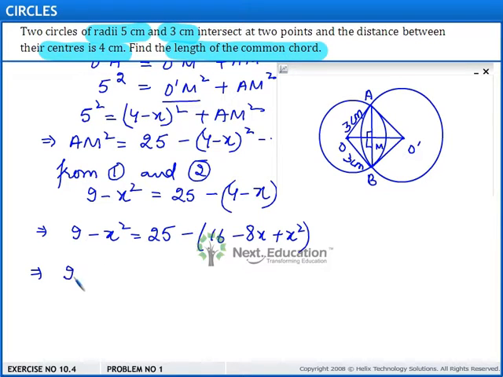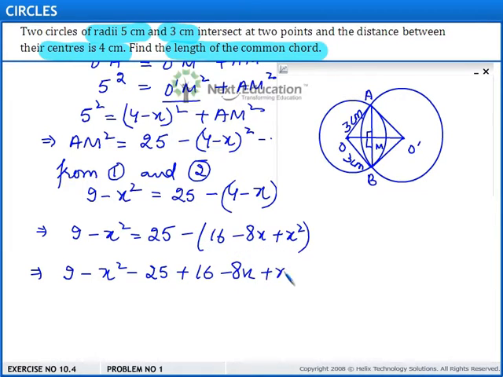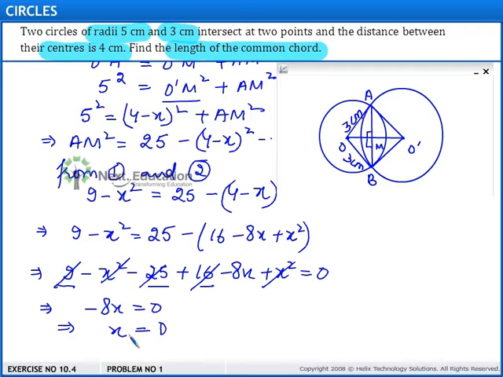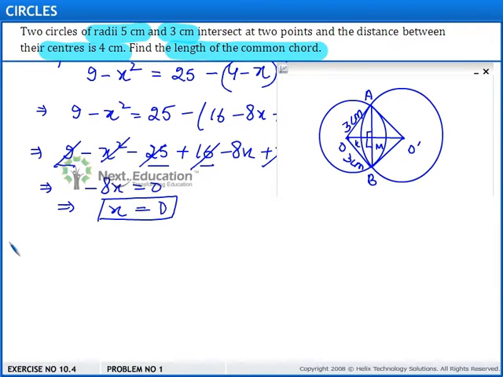Now taking all the terms on the left hand side and simplifying, we see that plus 16 plus 9 is plus 25, which cancels out with minus 25. So this implies minus 8x is equal to 0, which implies that x is equal to 0. Now x is equal to 0 implies that O coincides with M.